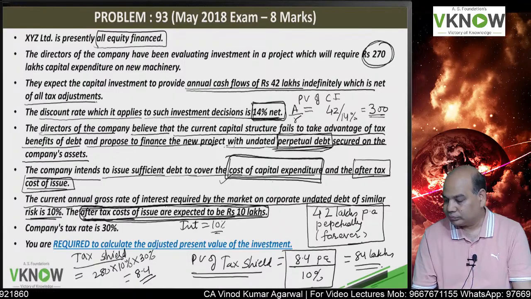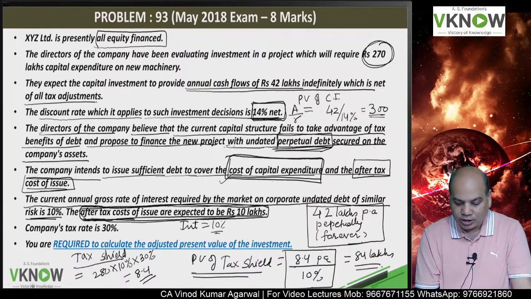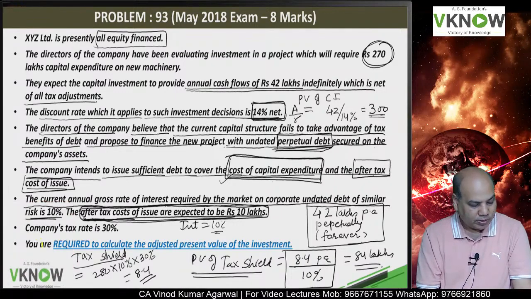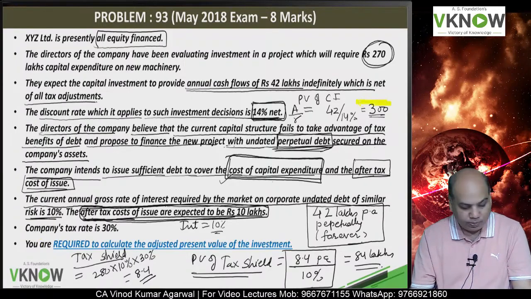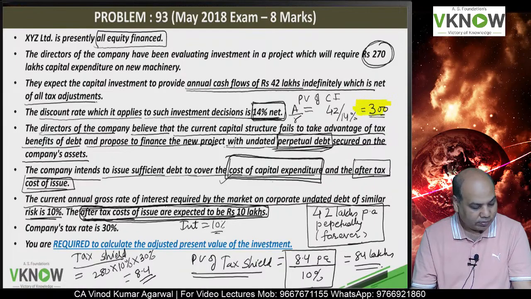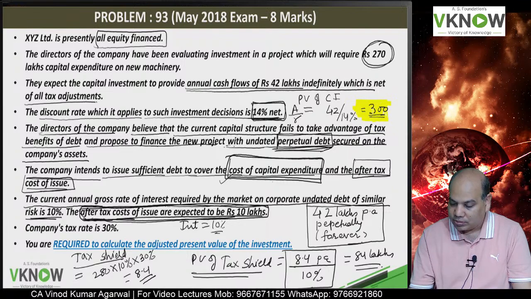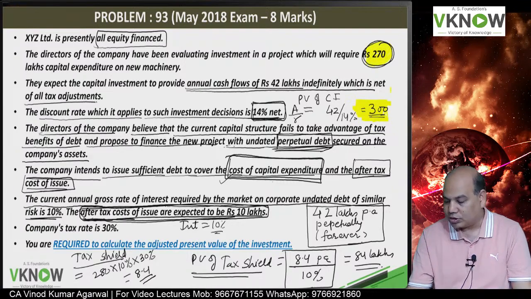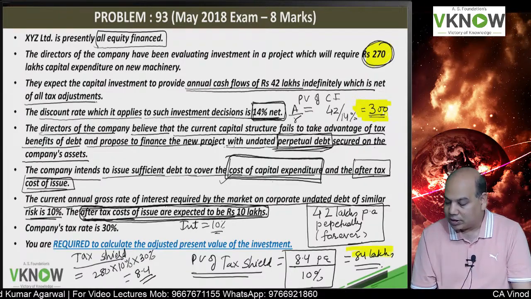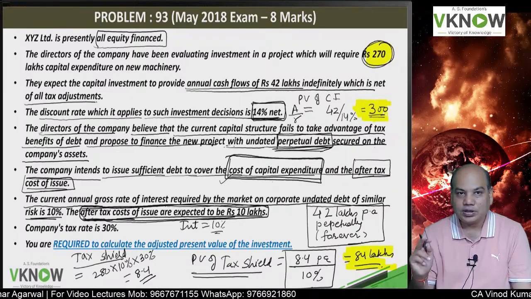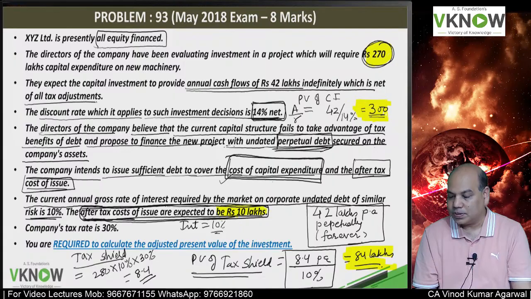Now my question is, dear student, what will be the APV? You are going to get a base NPV of 300 minus 270, project cost, that is 30 lakh base NPV, plus 84 lakh tax shield, and minus 10 lakh issue expense.